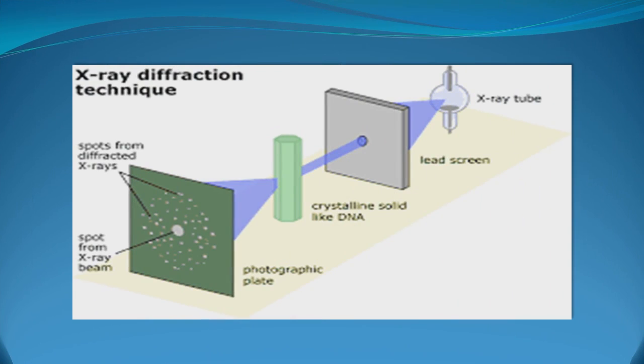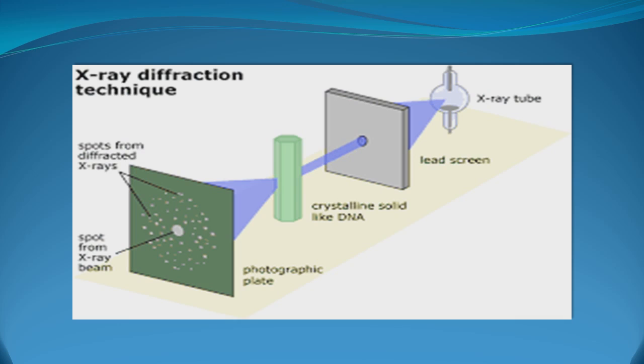This shows the schematic representation of the X-ray diffraction technique. An X-ray tube, that is the source, is a Coolidge tube used to produce the X-rays, and it is made to fall on a light screen or a filter which is collimated to the sample given here.